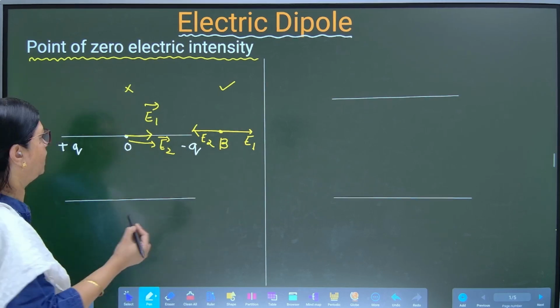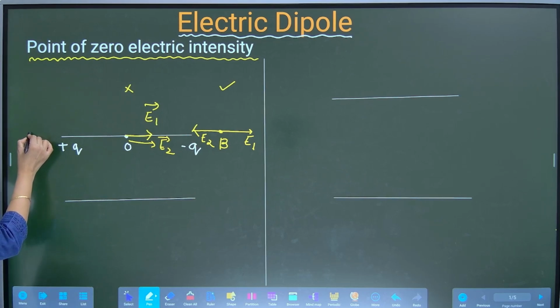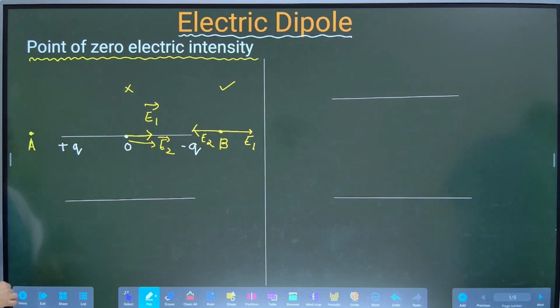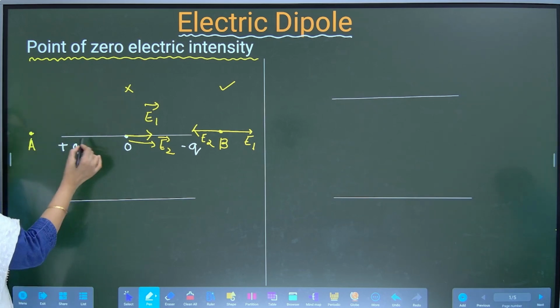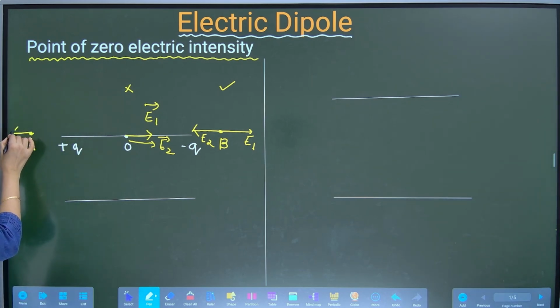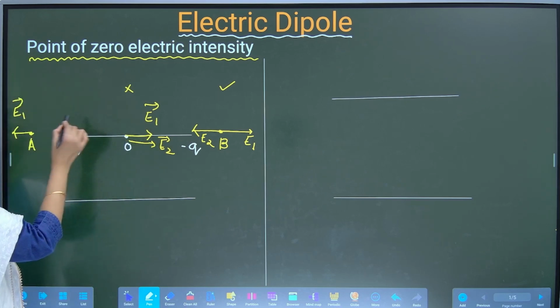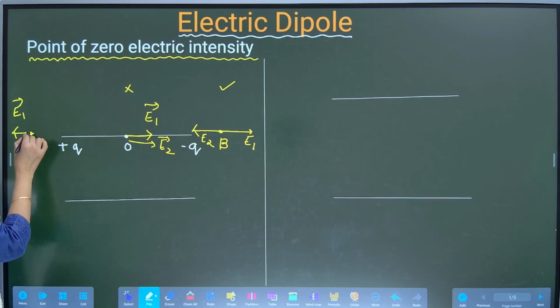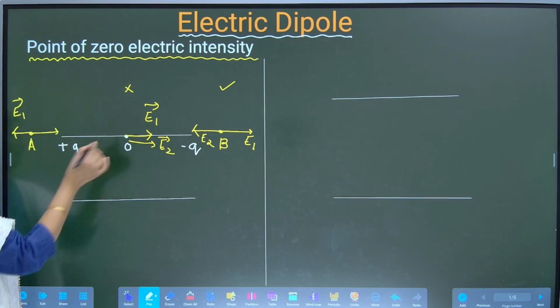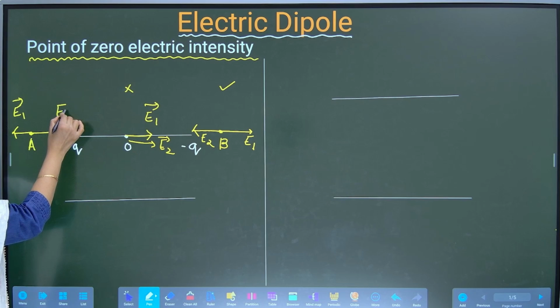Can I get the same thing on this side? Let me consider one point A here. I can consider A, B, C, 1, 2, whatever. Again, for the positive charge, as per the rule, E1. Electric field due to the negative charge: as per the rule, I must go towards the charge, E2.